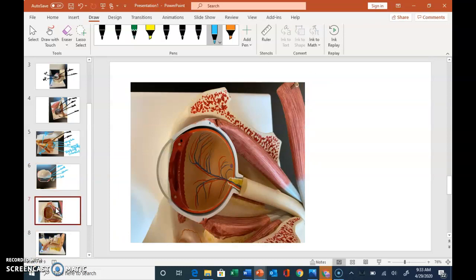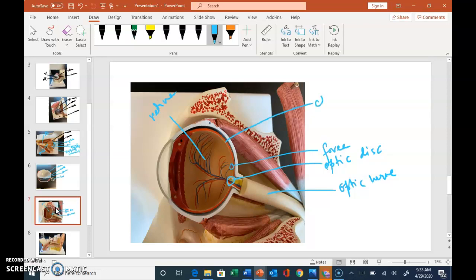In this model you see few things. You see the purple dot here? That's called fovea centralis or fovea. This part is the optic disc. Again, please check whether optic disc is on your hit list. Optic nerve. This inner layer is the retina. You also see the red choroid. You see the white sclera.